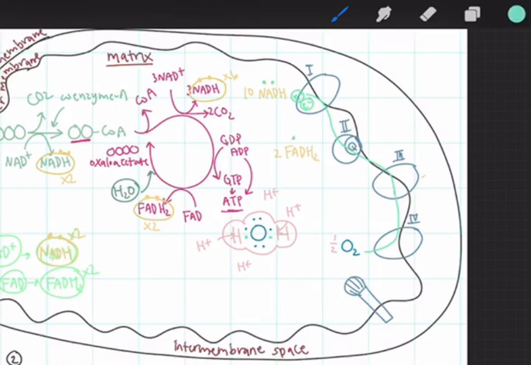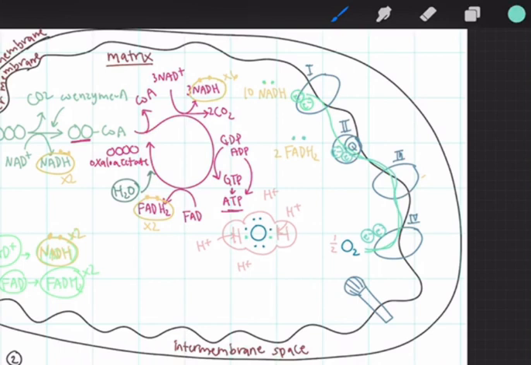So the electrons donated by FADH2 are going to enter over here. And again, they're going to follow this electron transport chain towards water, where they're going to make another water molecule. So it takes 2 electrons, 1 oxygen atom, and 2 protons to make a water molecule.